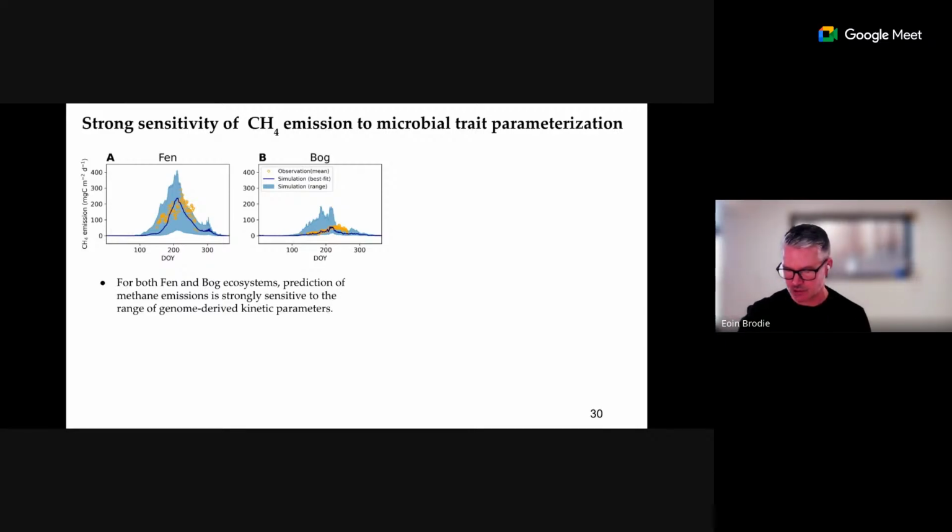These are flux chambers measuring methane flux in these systems. And then the light blue is the range around that simulation best fit. So as we alter all of those microbial trait parameters, look at the variance that introduces. It's massive in terms of methane emissions. So microbial traits in these models contribute to a huge amount of uncertainty in the prediction of something as important as methane.